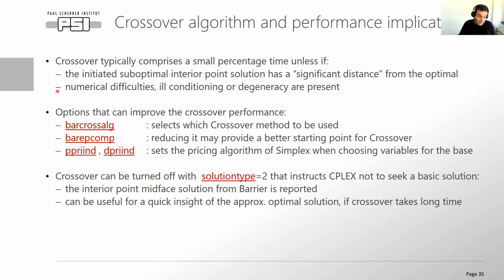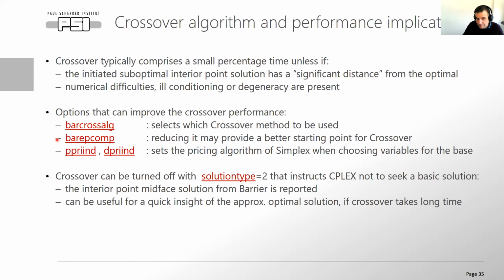Or we have numerical difficulties, and then with the pushes and exchanges it doesn't get a basic solution, and a significant amount of Simplex iterations needs to continue, as we have seen in the case of the bar start ALG 3 option that we used before. However, I'm dealing now only with what we can accelerate and not how to deal with the numerical difficulties in this webinar.